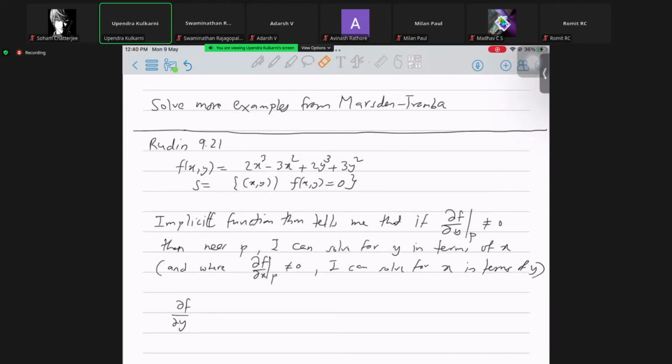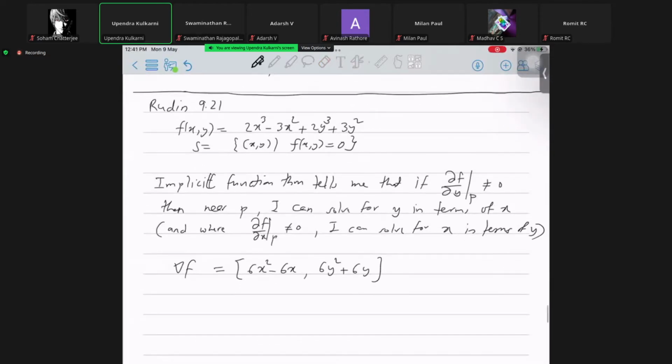Or let's just have the gradient worked out once and for all. So what is the gradient? This is going to be 6x square minus 6x, and 6y square plus 6y. Or let's say equal to 0. It's easier to solve.